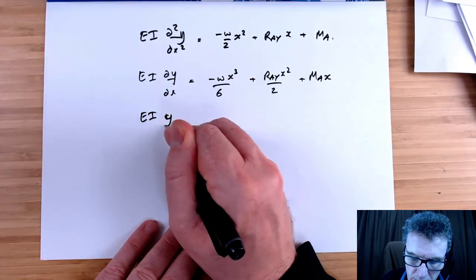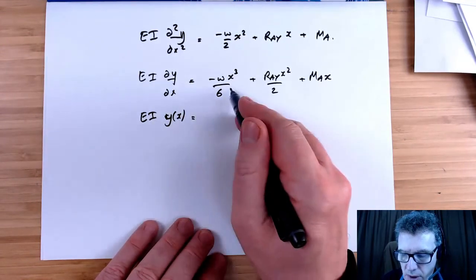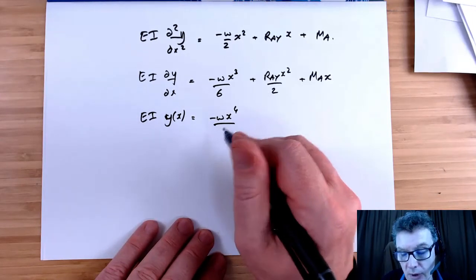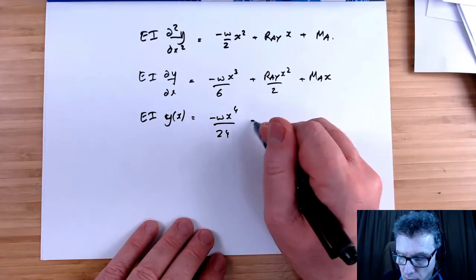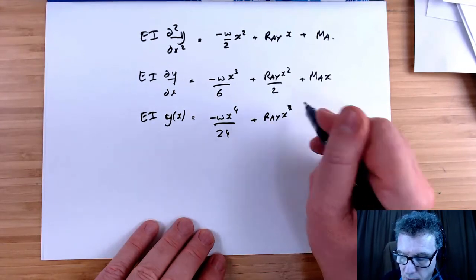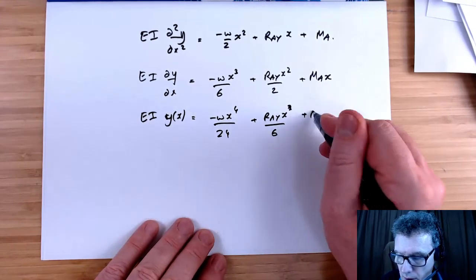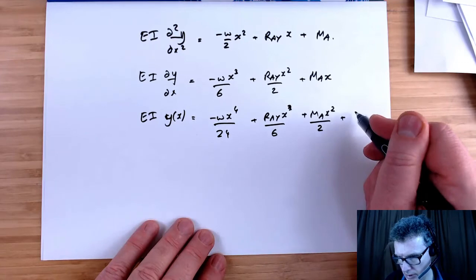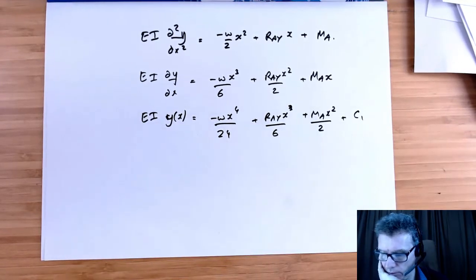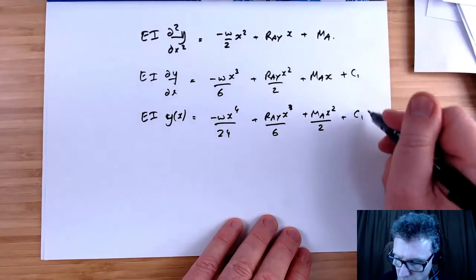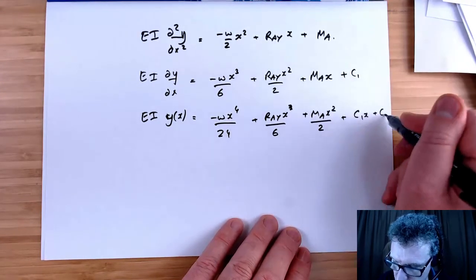EI y, that becomes a function of x, so that becomes minus little w x to the power 4 over 24, plus RAY x to the power 3 over 6, plus MAx squared over 2, plus, must be my first constant, which means I've made a mistake. I forgot my constant there, so plus C1, so that's C1x and C2.